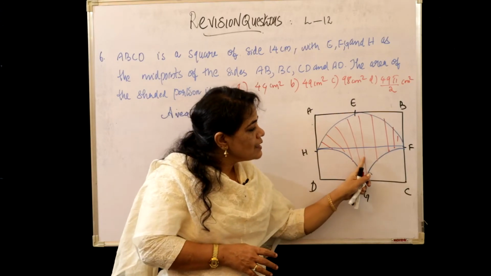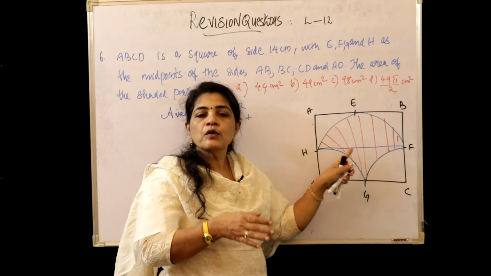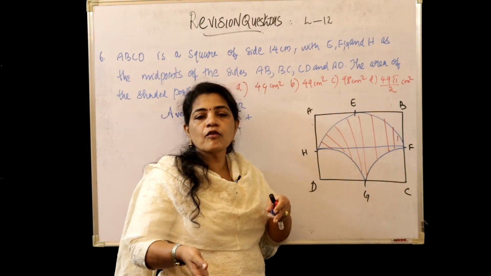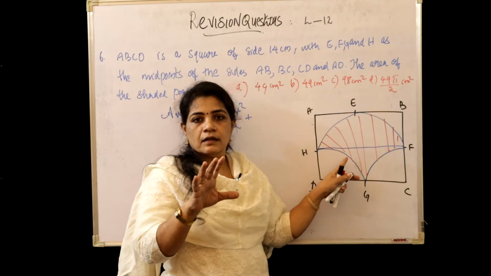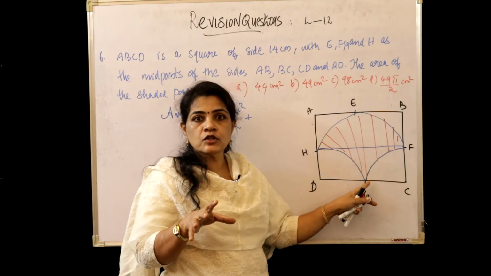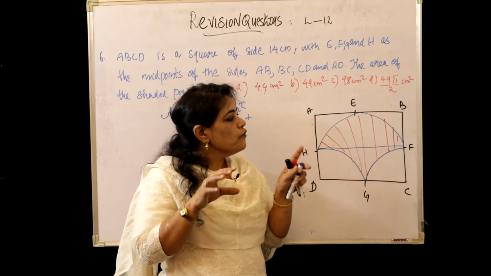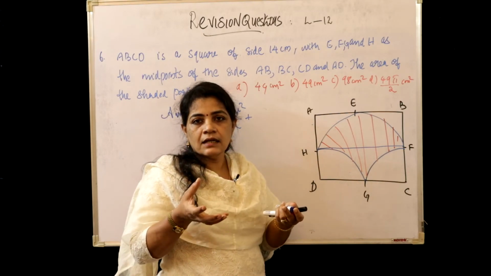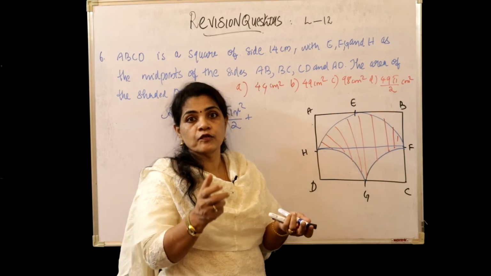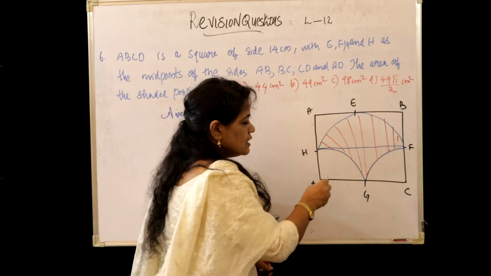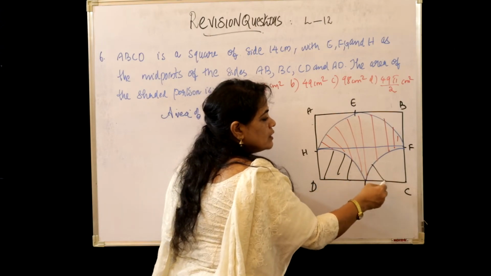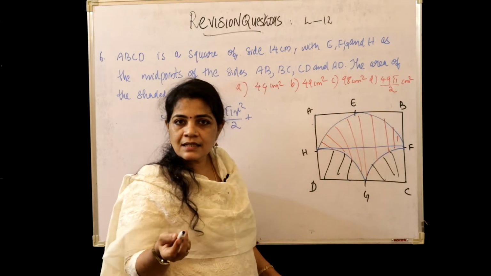And in order to get this remaining portion, you consider the second half of the area of the square, that is the area of half of the square. And what about this portion, children? Can you call this a quadrant?